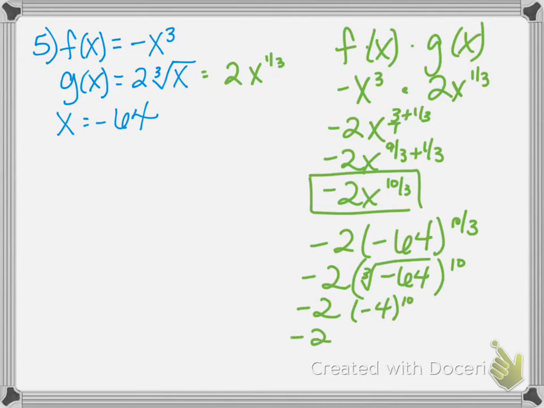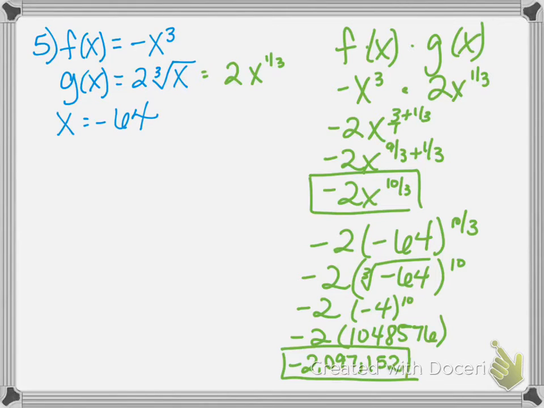If I plug that into the calculator, it's going to give me a positive, because it's raised to a positive power, positive 1,048,576. And I need to multiply that by -2 for a total of -2,097,152.